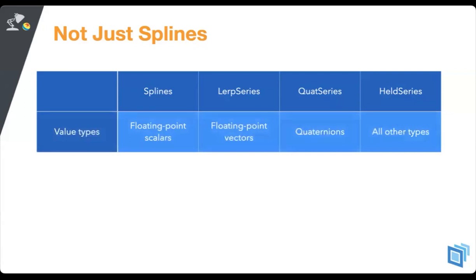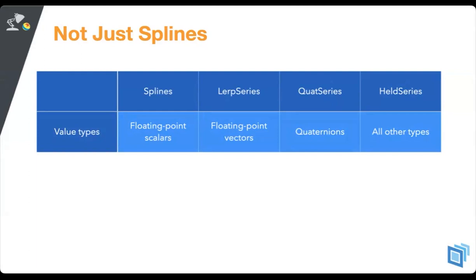The value types that USD will support in each of those things: splines, only floating point scalars. All types eventually can be packed into a series of some kind. At minimum, everything can be put into a held series. Quaternions get their own special series.